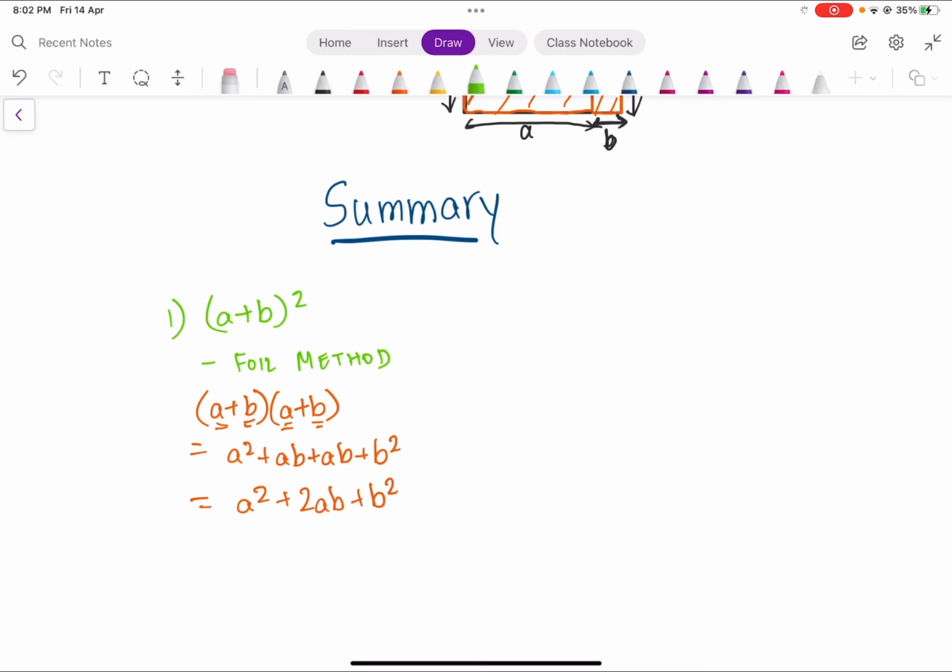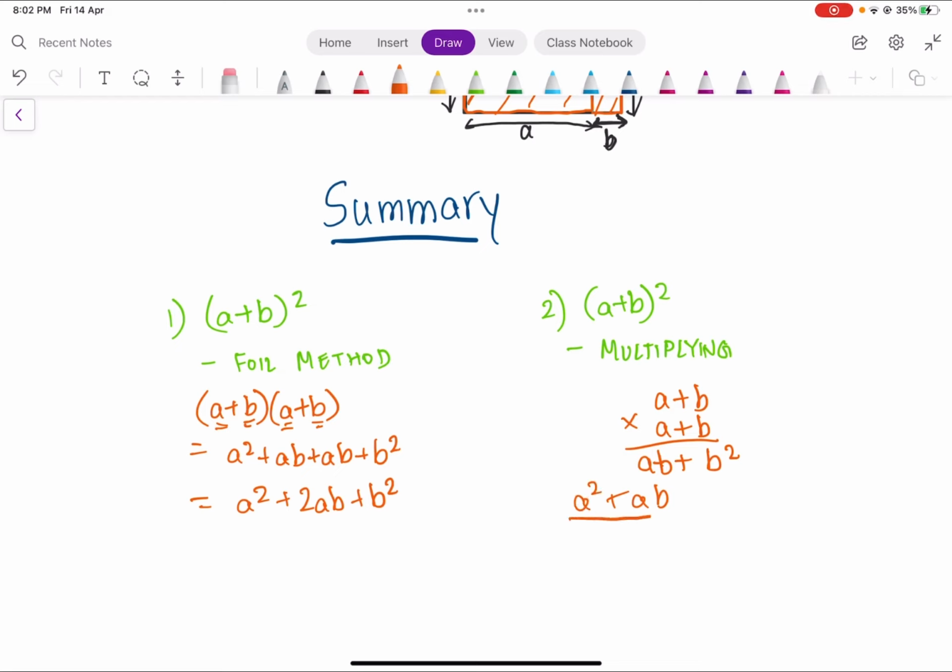Then the second way to find what a plus b squared is would be multiplying it simply. So over here we would do a plus b times a plus b, which would give us b squared, then again ab, then again ab, because a times b, and then a times a is a squared.